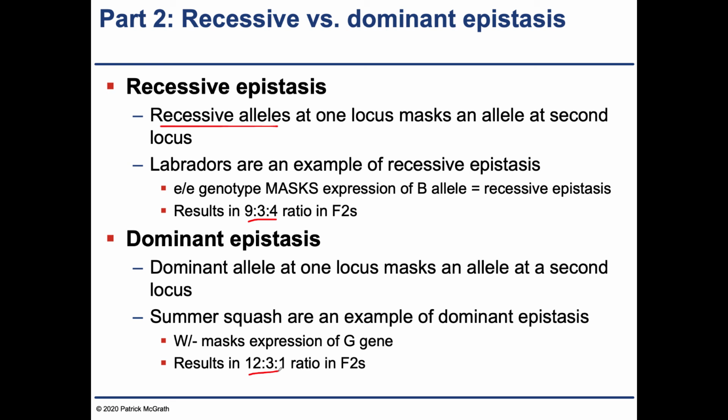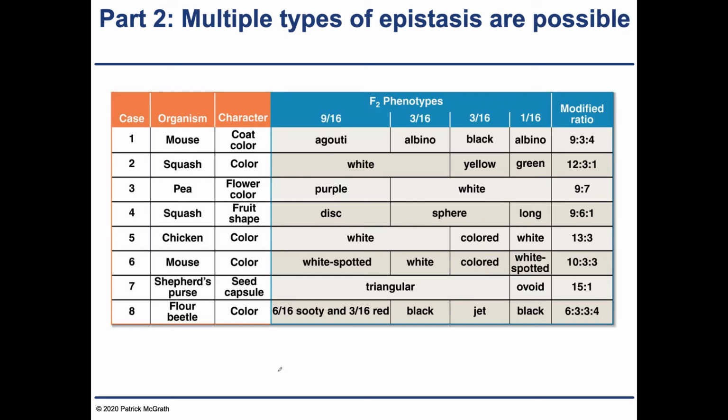So these are the ways that you use genetic analysis in order to understand certain fundamental genetic relationships for a trait. And there's really a large number of different types of epistasis that are possible. We have covered recessive epistasis and dominant epistasis, but there are other ways to group things together as well.